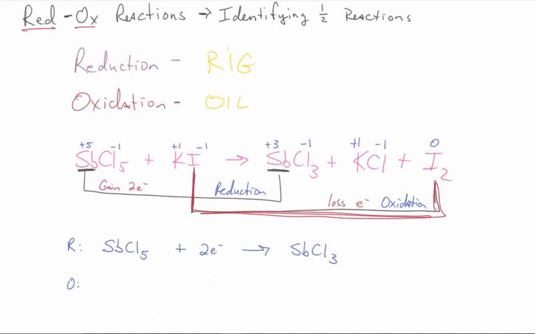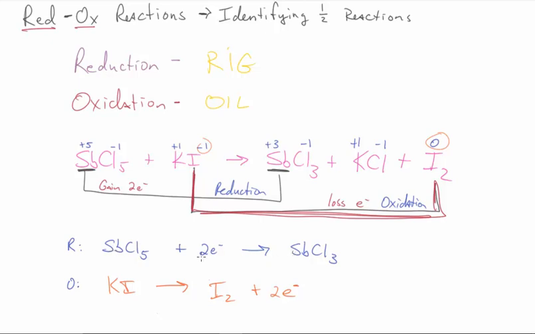So my oxidation reaction would be KI going to I2 plus 1 electron, because I went from a -1 to a 0. I do want to put that in there because it did happen twice, ladies and gentlemen.